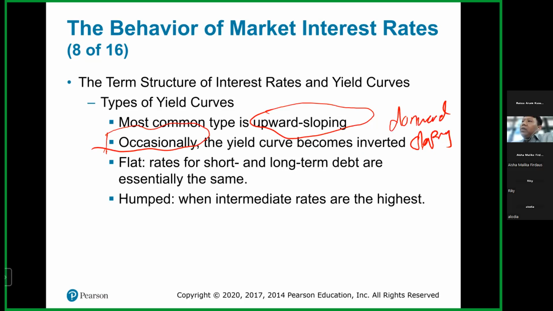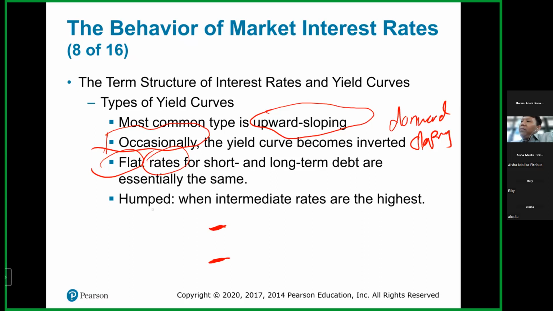The yield curve also can be in a flat shape. And when does this happen? When the rates for short and long-term debt are essentially the same. When the short-term and long-term debt have a similar interest rate, we will see the yield curve take a flat shape.